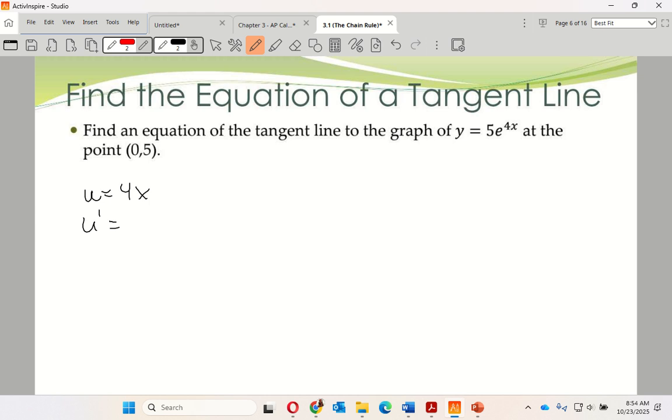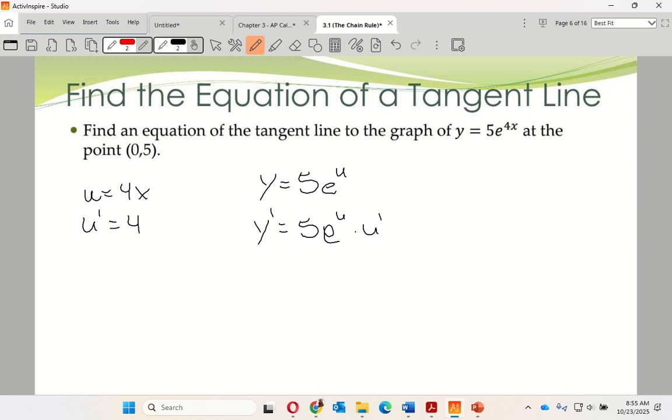U prime is 4. So I now have y equals 5 e to the u. Y prime is equal to 5 e to the u times u prime.